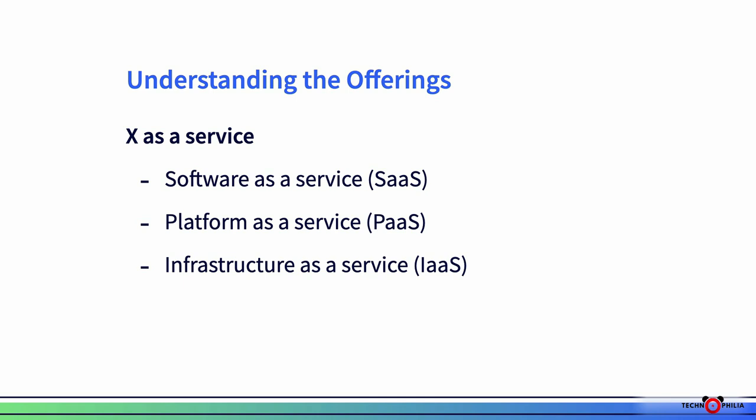A great example of that are the Microsoft 365 workloads such as Exchange Online, SharePoint Online, Microsoft Teams, and many others. They are a great example of software as a service because all the user consumes and sees is the software, the end application. All of it is hosted by the cloud provider, Microsoft in this case.